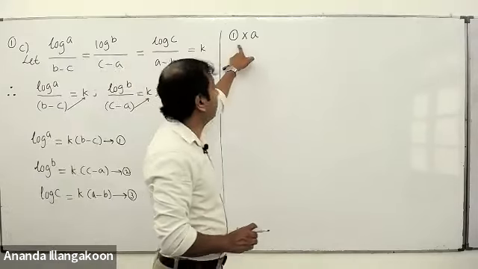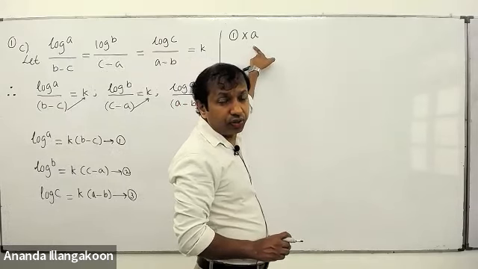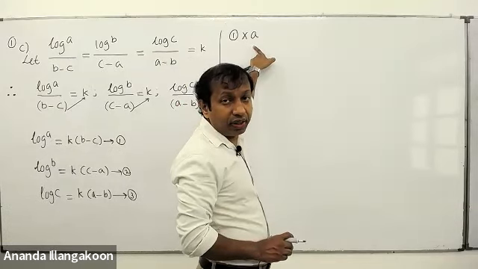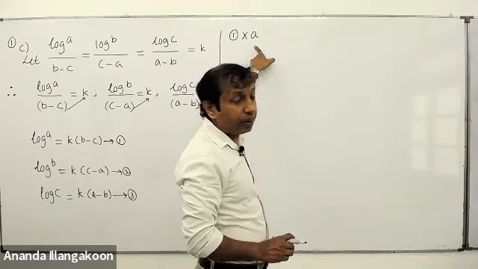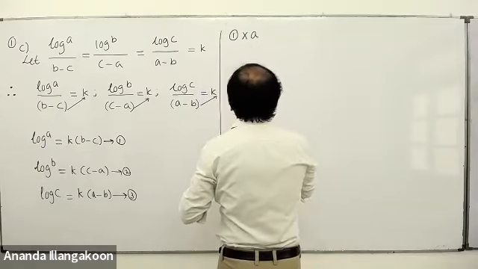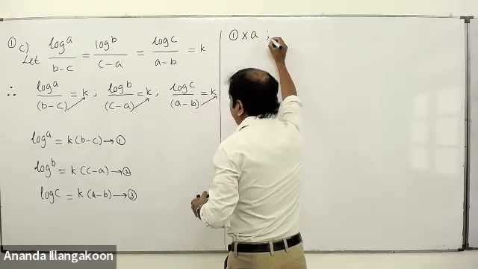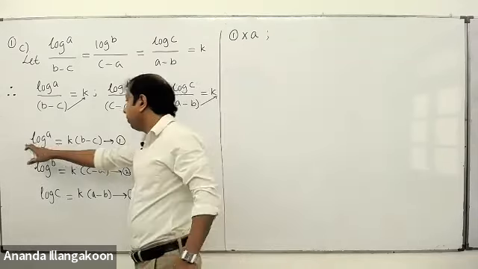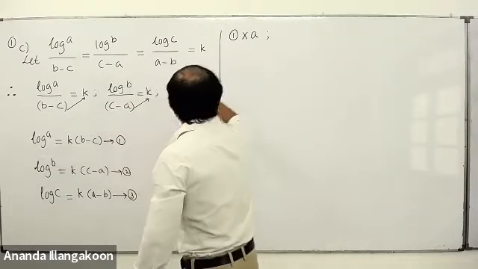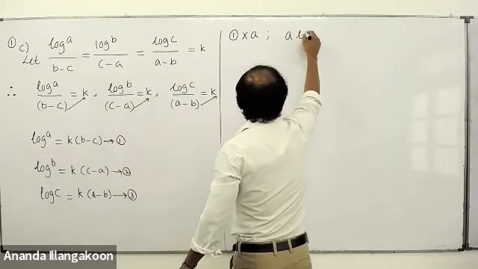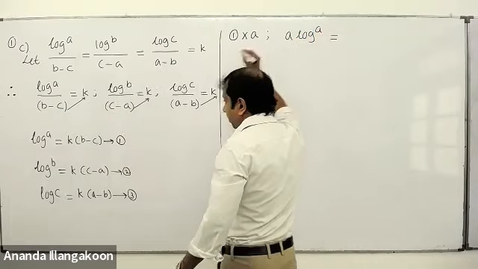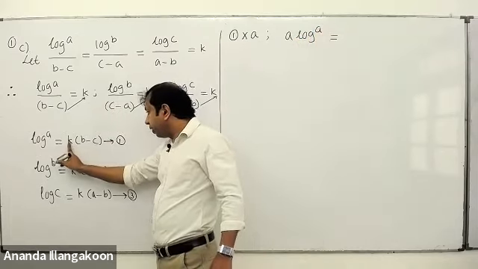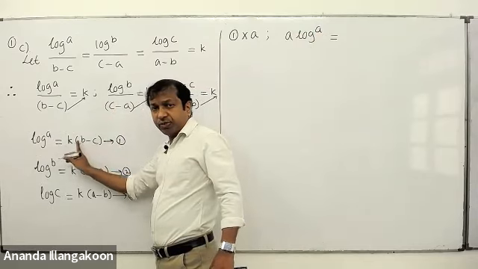Equation 1, we multiply by a. It means the left and right both we multiply by a. Then what you get, people, when you multiply left hand side of number 1 by a, here we get a log a equal, for the right hand side, this b minus c, we must multiply by a.